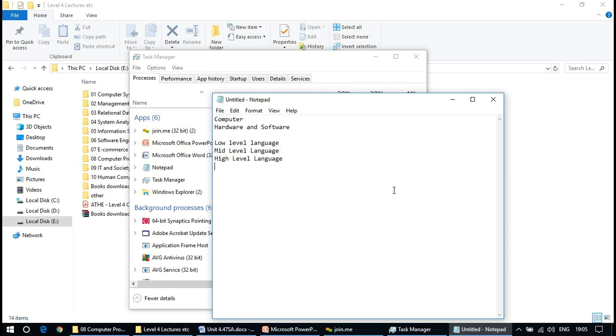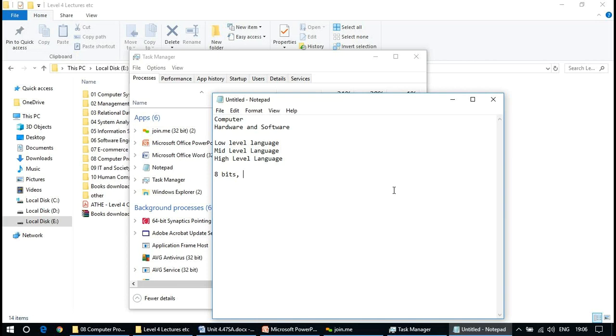For example, if we talk about memory, let's say 1 byte, then 1 byte is based on 8 bits, you remember? And 1 bit means binary digit, and binary means ones and zeros.